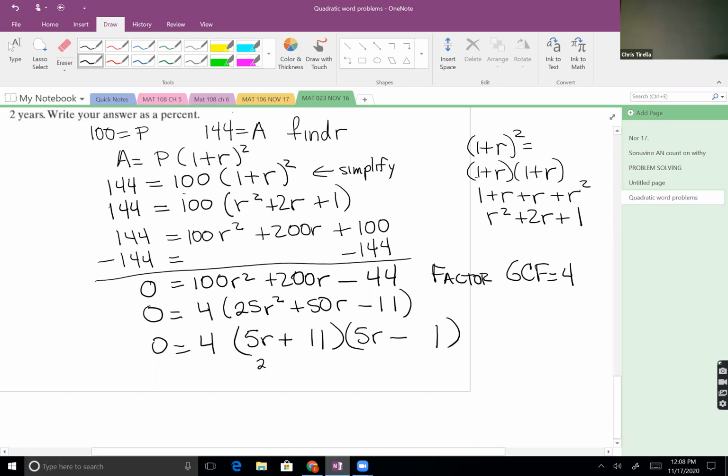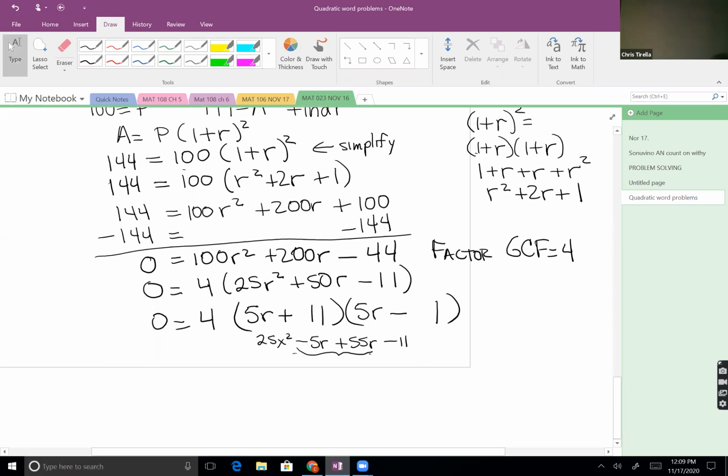first is 25 R squared, outer is minus 5R, inner is plus 55R, last is minus 11. So I do get that 50R in the middle.